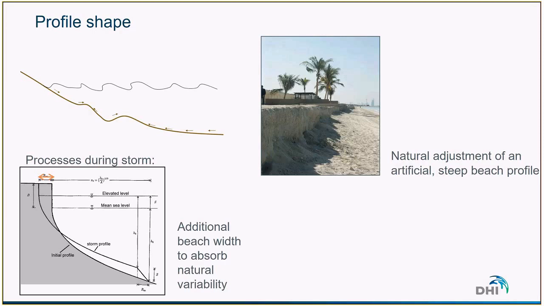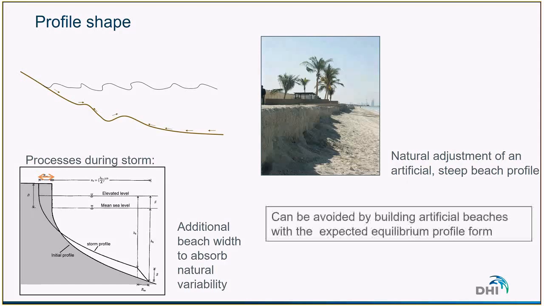And this can be done by putting the sand in as close as possible to its equilibrium shape, and by using sand that is as close as possible to the existing one. So we can avoid this kind of problem by building artificial beaches with an expected equilibrium profile based on the composition of the sand that is used for building the beach.